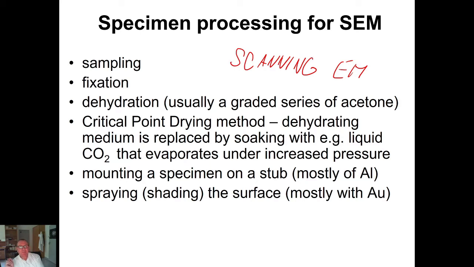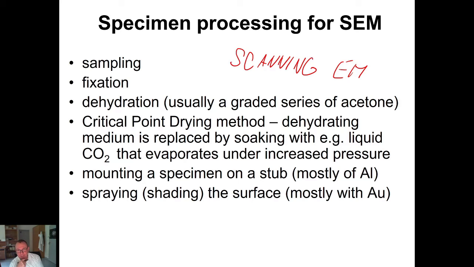But our specimen has to be fixed and dehydrated, and not only simply dehydrated, but it has to be also dried, so no fluid can be in the specimen before we place it into the scanning electron microscope.